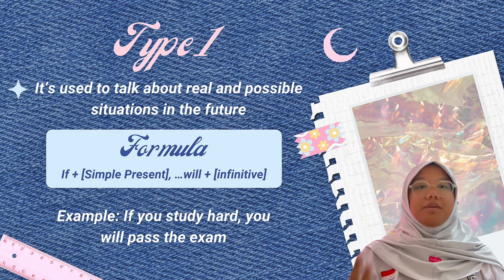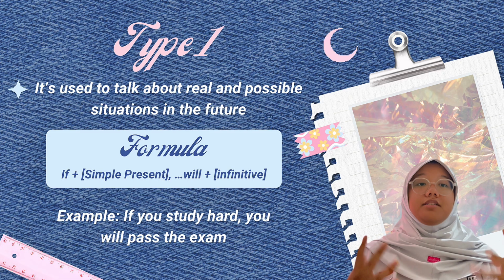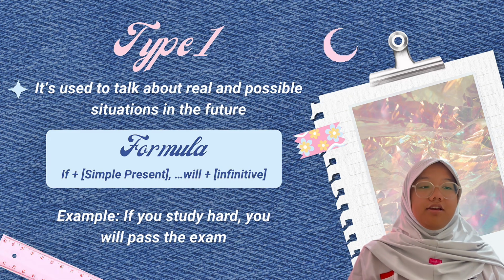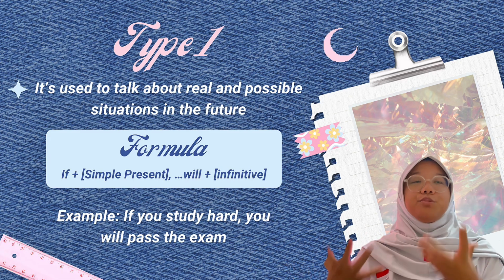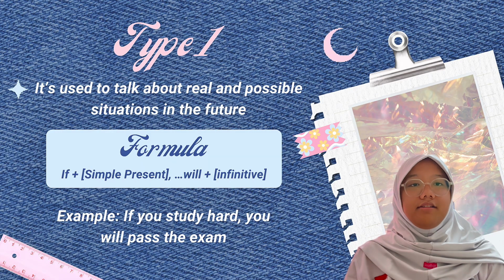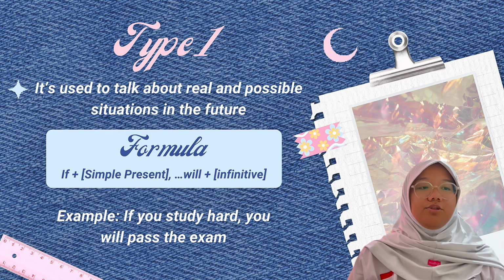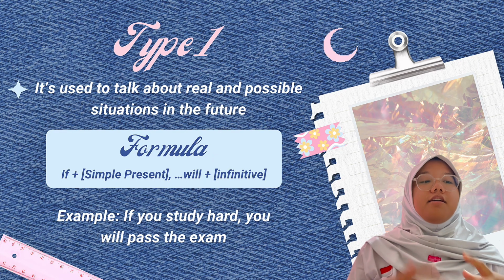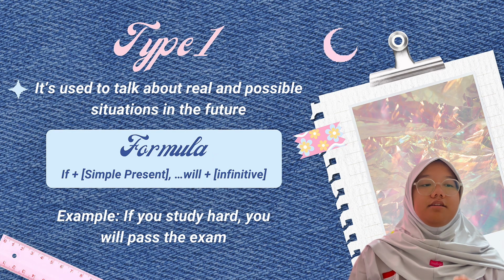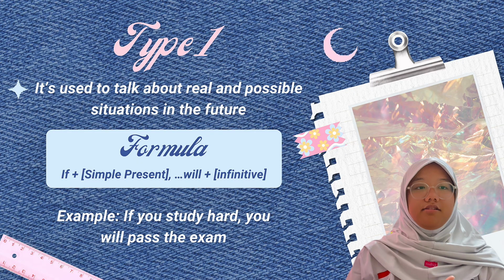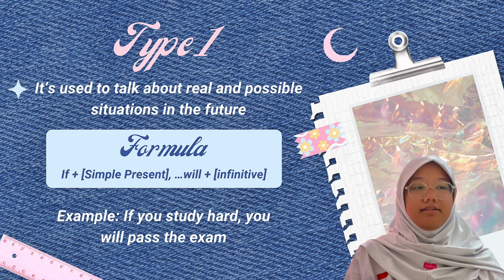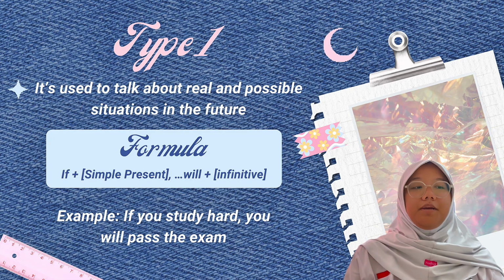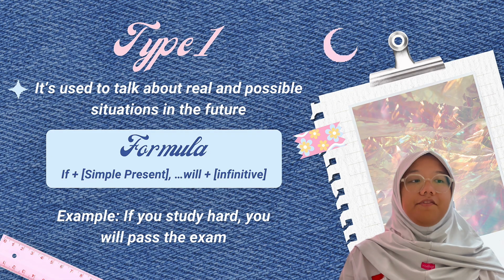The sentence means a possible situation in the future. If you study hard, you put effort into studying, and the result is you will pass the exam. The condition is if plus you study hard, simple present, and the result, subject plus will plus infinitive.